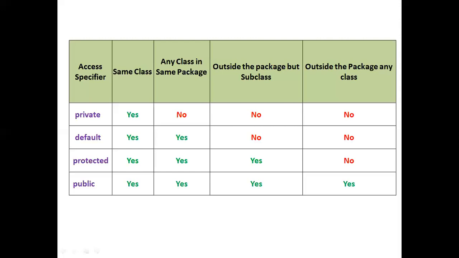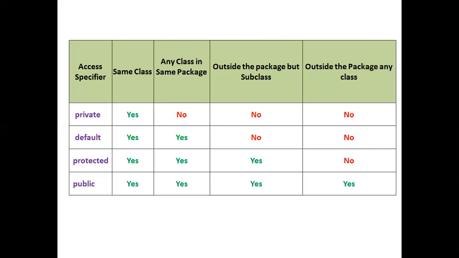So the default, if you have declared just integer age, it can be accessed inside the same class anywhere, and in the same package in any class we can use the default. The default can be class, methods, and variables. If you have not given anything like public, protected, private, it automatically takes as default or no modifier.